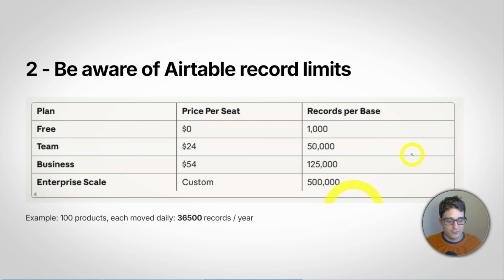Now, I think if we have enough records for a year, that's generally good enough, because we can always create a new base and just roll over the final quantity from last year to the new base. I think that's good enough.